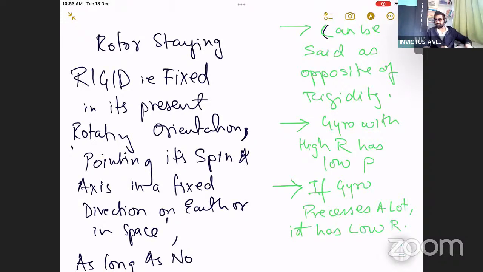So now you know precession. It's just like stability and straight and level flight, opposite to each other. So if there is more precession, less rigidity. If there is more rigidity, less precession.